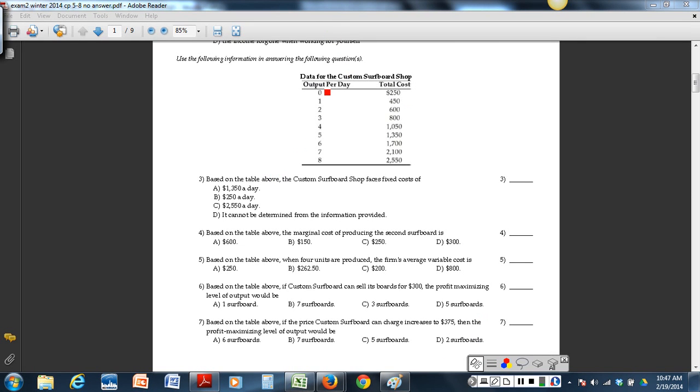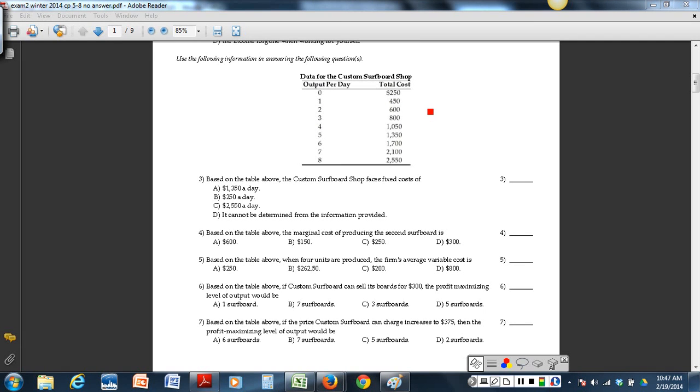Here's the output per day. You could either produce 0 and it still costs you $250, but once you start producing 1 unit, there's an extra cost coming in for that production, so the total cost went up. And then when you produce 2 units, the cost increased further from $450 to $600.